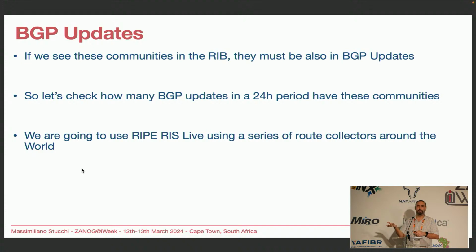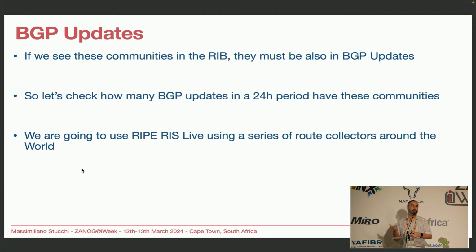The next step was, okay, since we see them, how many updates in BGP carry these communities on a daily basis? So I took a period of 24 hours, and I connected to RIPE-RIS. I used RIS Live, wrote a script that whenever it would see one of these communities would increase a counter, and then every hour I would dump this data.